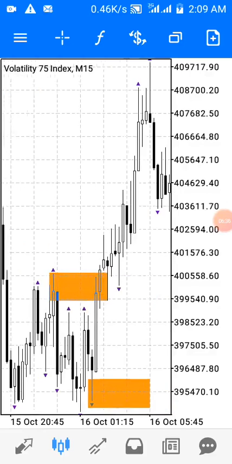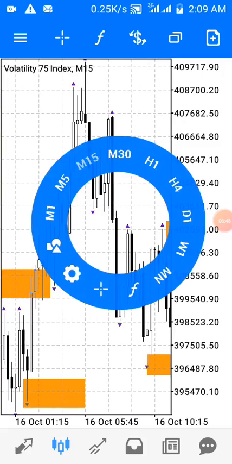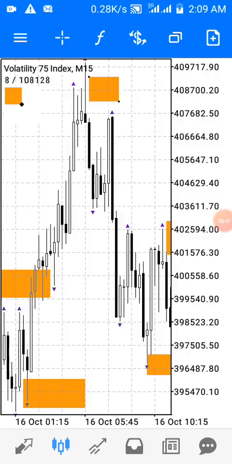You can see the breakout around here of this resistance area. This is another resistance area. So that's that for identifying your support or resistance area.